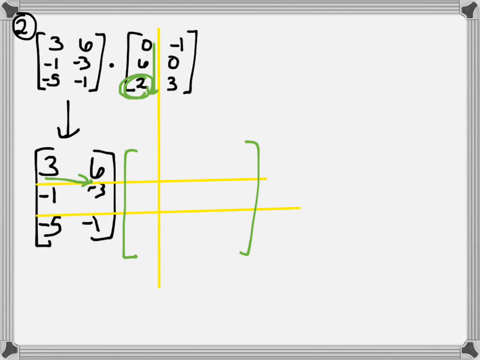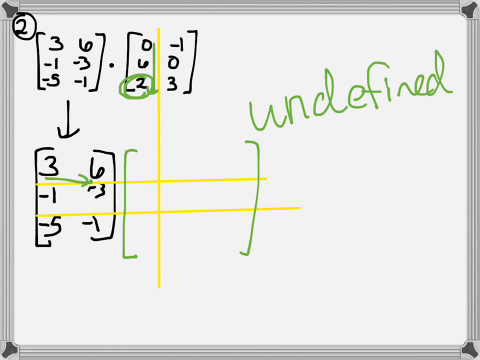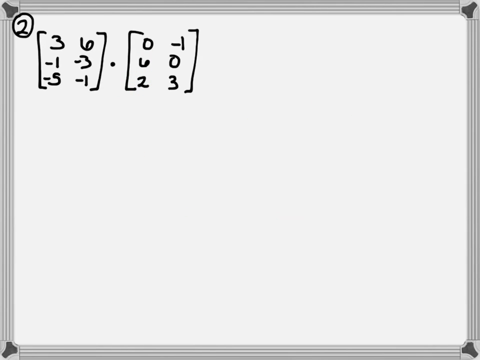The 3 goes with the 0, the 6 goes with the 6, and the 2 is left out. So that means this is the undefined multiplication one. So the number of columns from the first match the rows from the second.